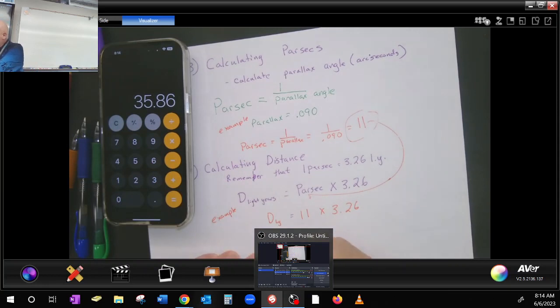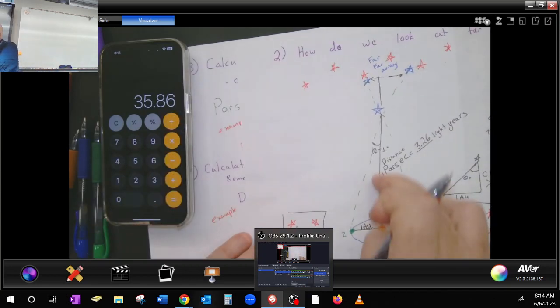So the distance of this star in light years is 35.86 light years. So the distance right here would have been 35.86 light years.